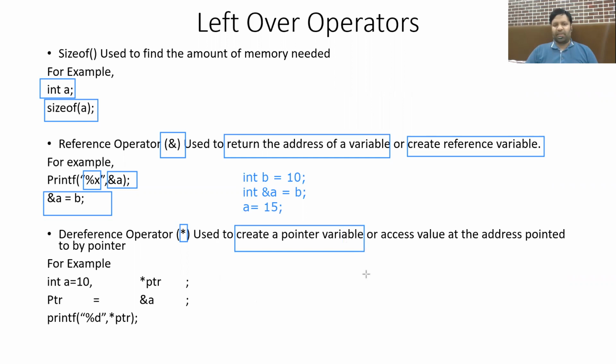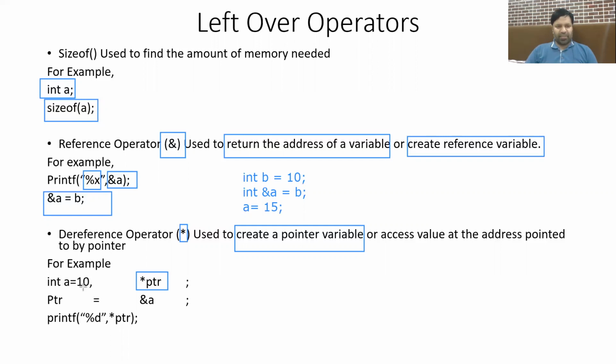A pointer variable is something that is used to store the address of some other variable, and it can also be used to access the value of the address it is pointing to. So we will not go into the detail of this. You will come to know when you study pointers, but still this is how we are creating the pointer variable.